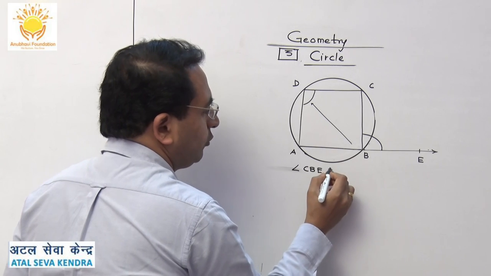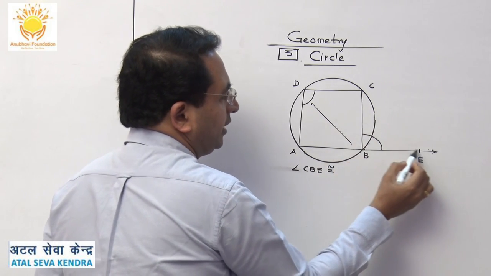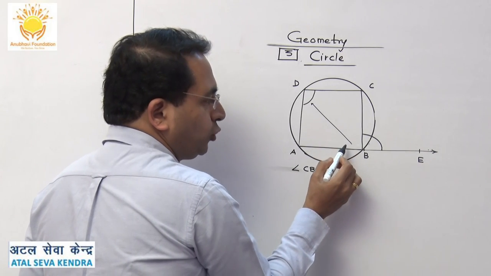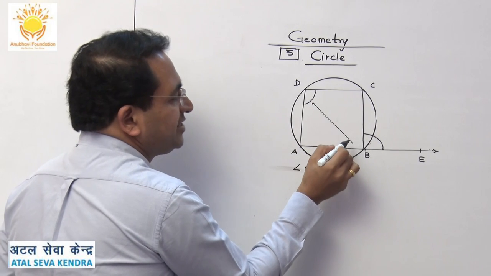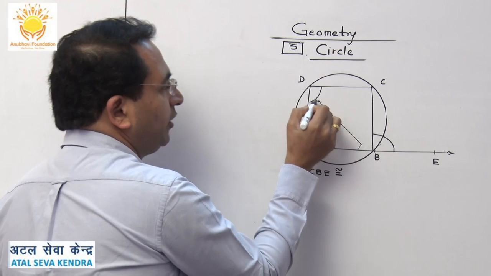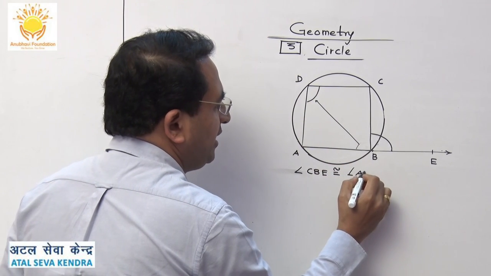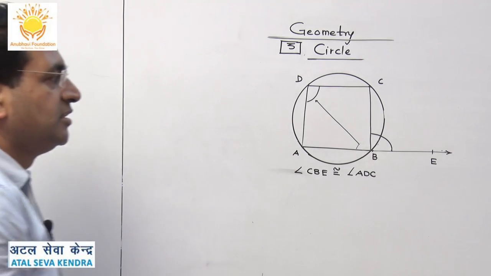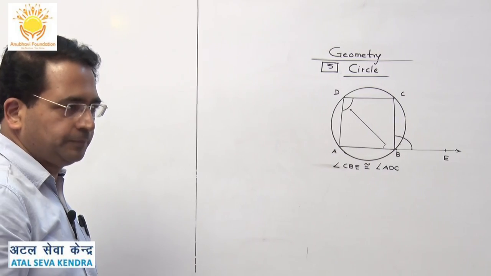This is what we have to say: the exterior angle is congruent to the angle opposite to its adjacent interior angle. This is the adjacent interior angle and opposite to it means this. So we can write that the angle is ADC. This is one more property which you frequently require for proofs.